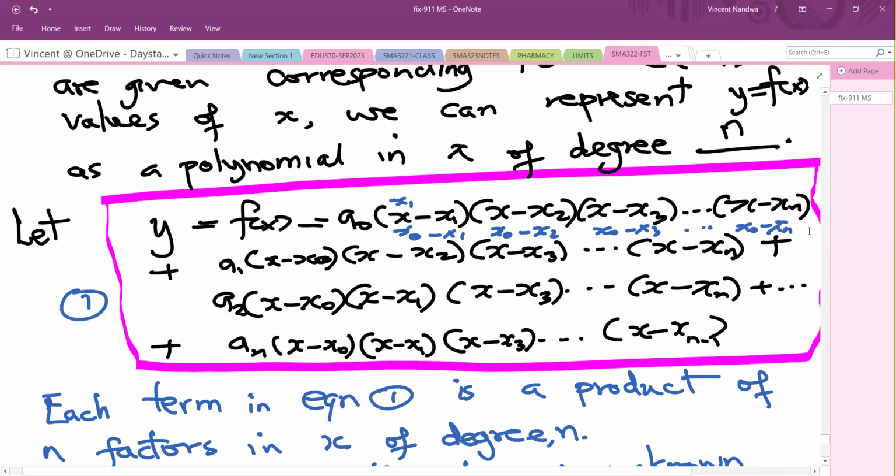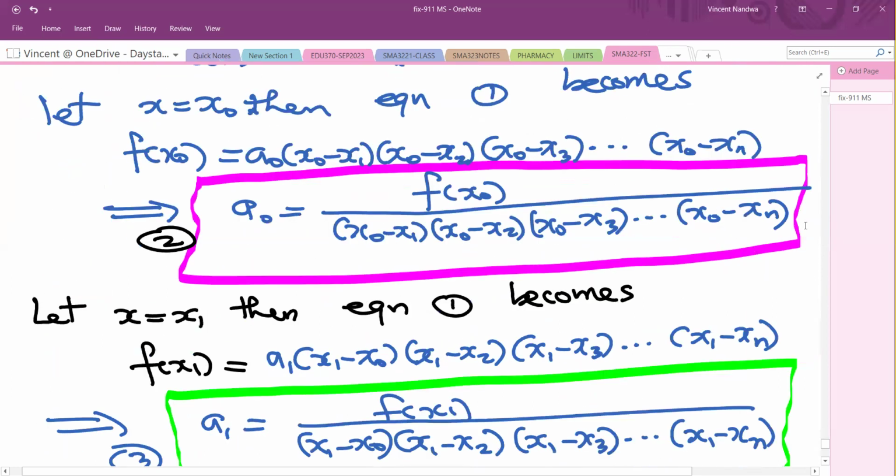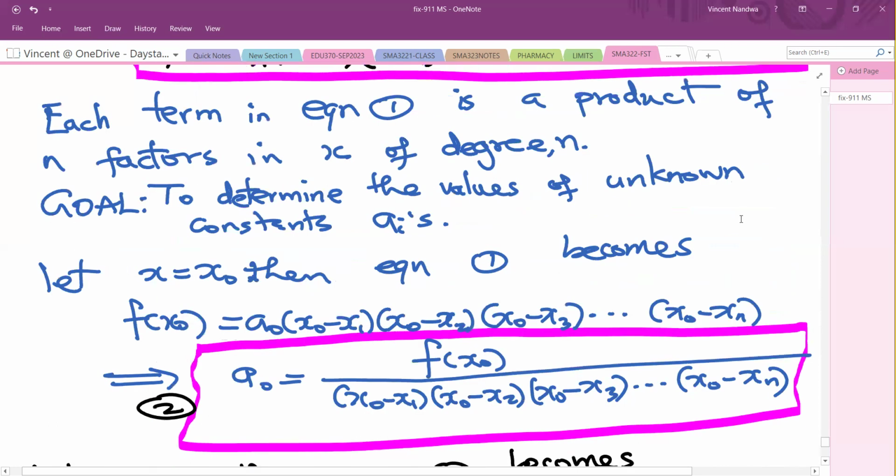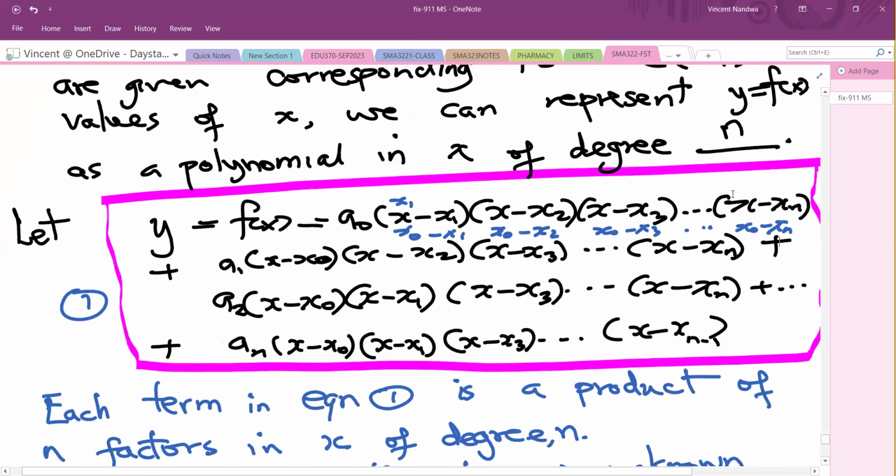Then if you go to the a1 value, the denominator has x1 minus x naught. Then the next term is x1 minus x2. The next term is x1 minus x3, all the way up to x1 minus xn. When we go to the f of x where there's the a1 coefficient, it's still the same thing.